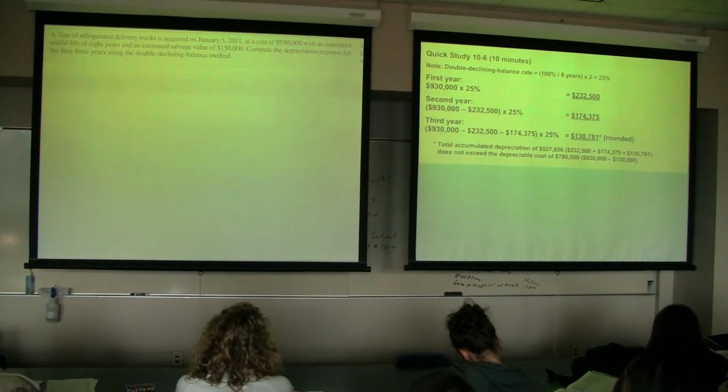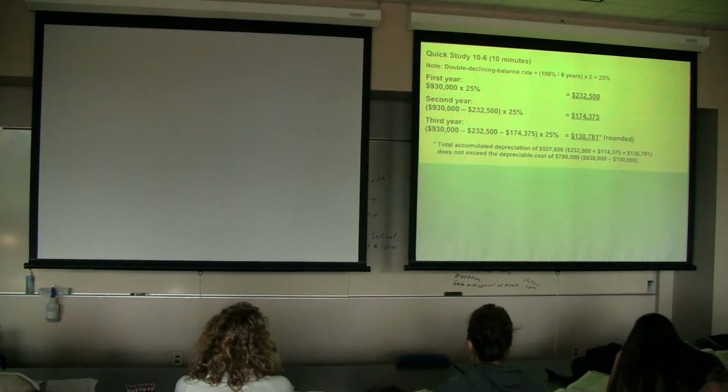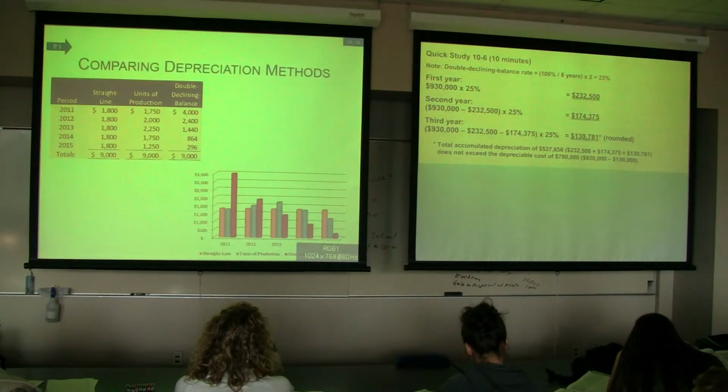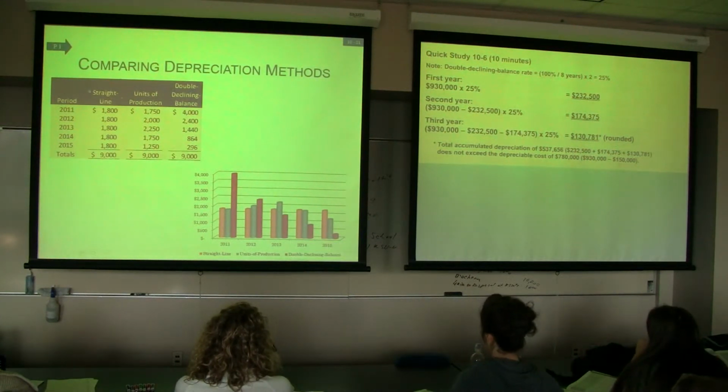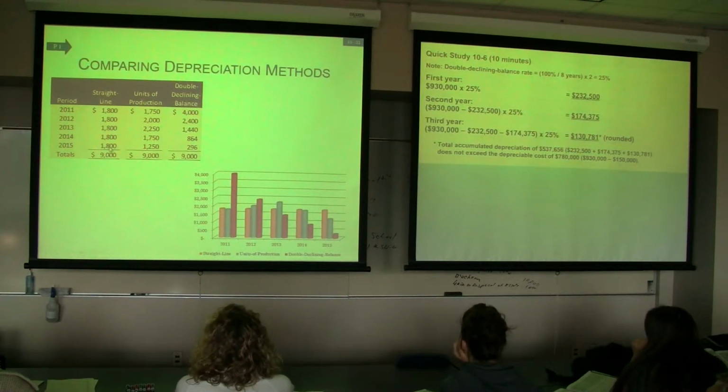All right, you guys ready? So if we compare the methods, it looks like this. So we did straight line, units of production, double declining. So here's 2011, 12, and so on. The straight line was the same amount every year, and the total depreciation was 9,000. That's the depreciable cost.